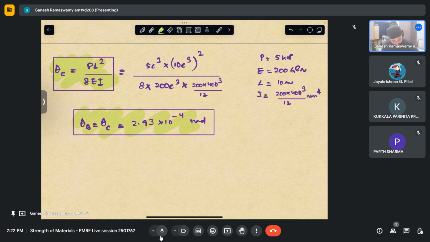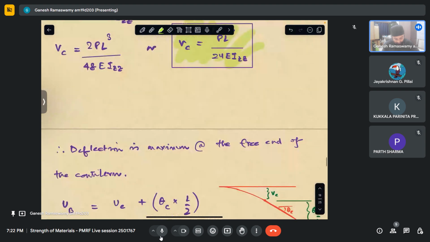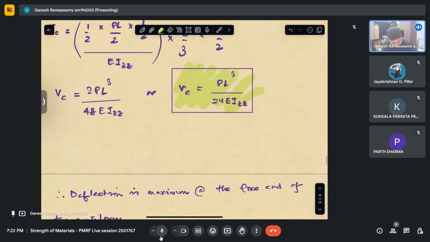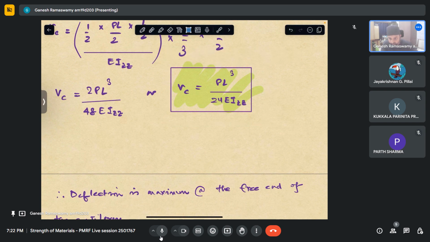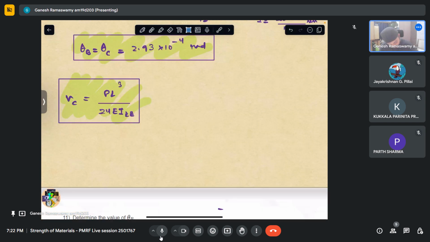Now coming to the deflection at point C. This is nothing but 5e3 into the length cubed by 24 EI.